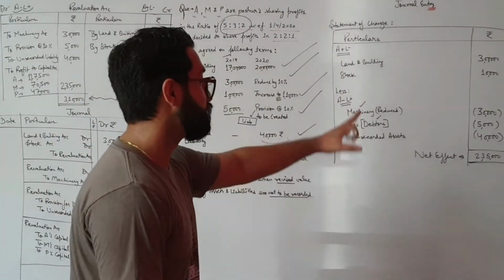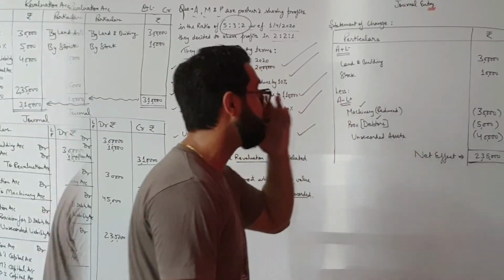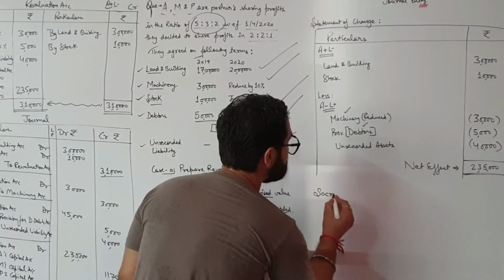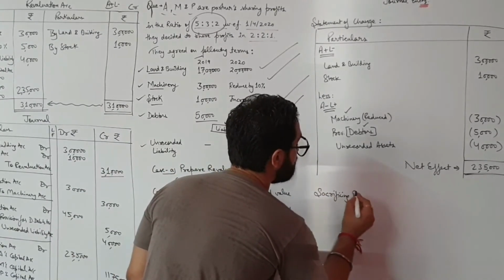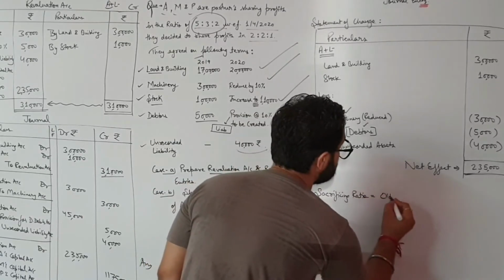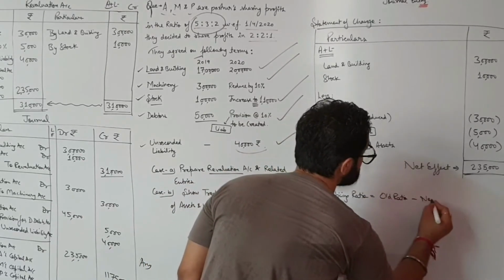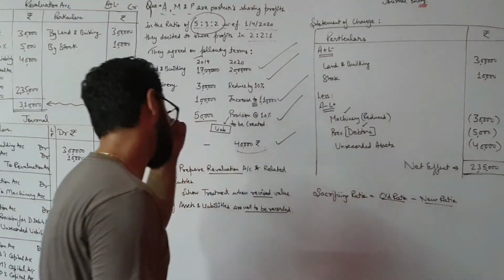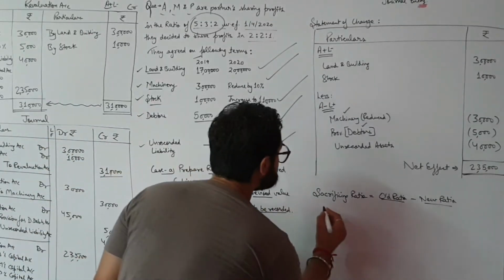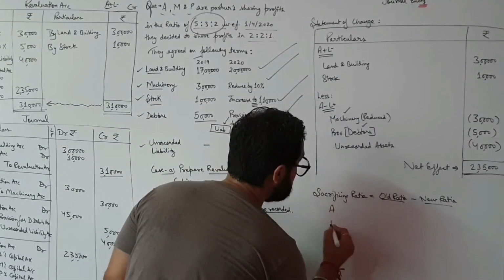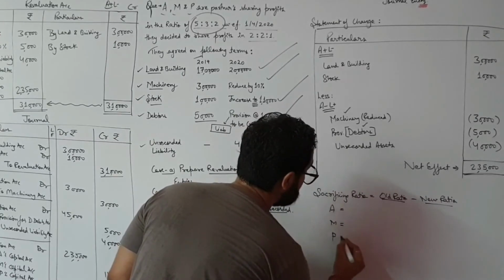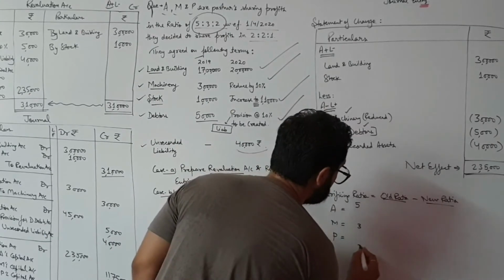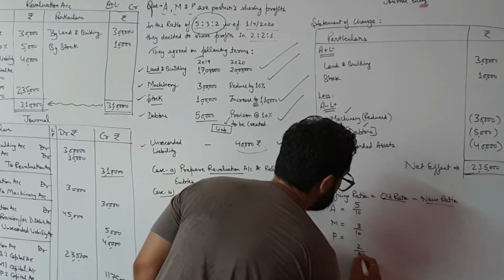Now after we have calculated the net effect, we will calculate sacrificing ratio. Sacrificing ratio equals old ratio minus new ratio. You had more before, now you have less, this is called sacrifice. Now the names are A, M and P. Old ratios were 5:3:2, that is 5/10, 3/10, 2/10.